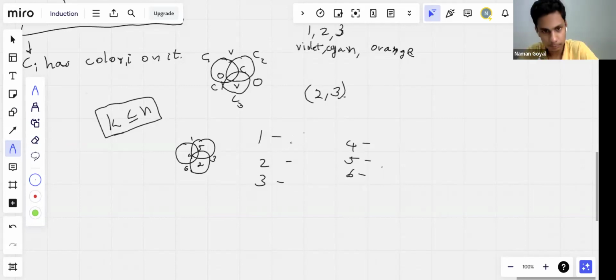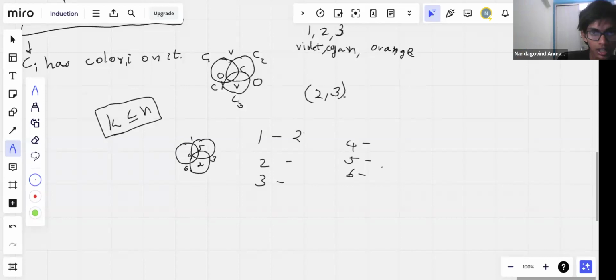Yes. So we'll call this color 2, marked CL2. Then you had 4 and 5, which I'll mark as CL3, and this as CL1.